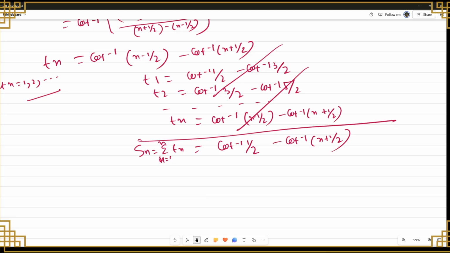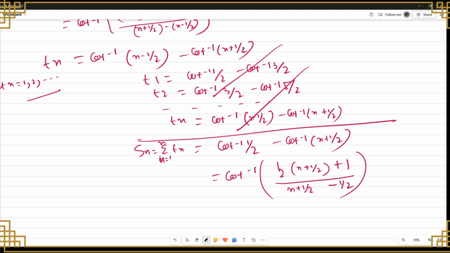Now this thing will be changed to cot inverse of ab plus 1 by b minus a. Isn't it? Cot inverse a minus cot inverse b, ab plus 1 by b minus a. This gets cancelled and it changes to cot inverse of n by 2, 5 by 4 by n.